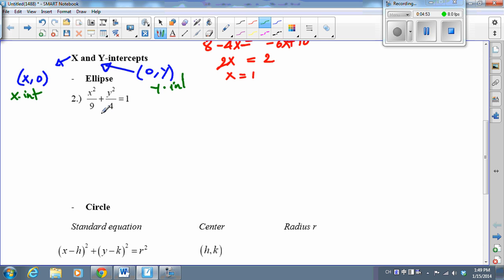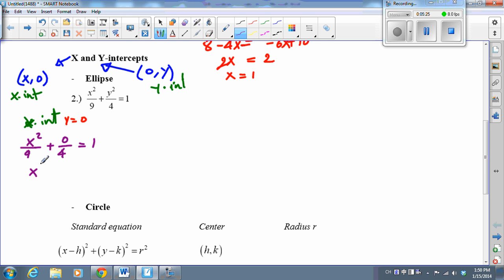Let's go ahead and look for the x and y intercept of this ellipse, starting with the x-intercept. X-intercept means plug in y equals 0. So if y is equal to 0, I will end up with x squared over 9 plus 0 over 4 equals 1.